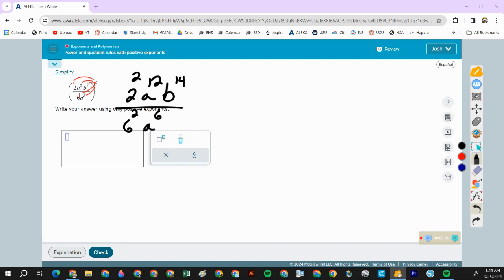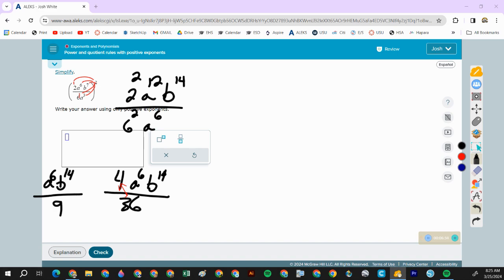So the numerator becomes 4, and then a to the 12th over a to the 6th is a to the 6th. B to the 14th over 6 squared is 36. And then 4 and 36 share a 4. So 1 on top, a to the 6th, b to the 14th over 9.